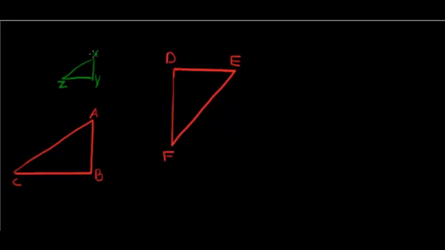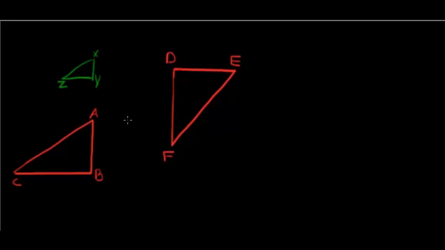So this triangle XYZ would be a good example of a similar triangle, but it's not the exact same size. So triangle XYZ, triangle ABC, and triangle DEF would all be considered similar, but only triangles ABC and DEF would happen to be considered congruent in this case.